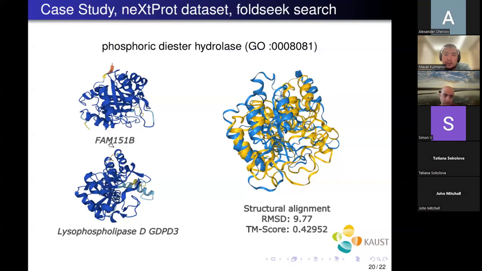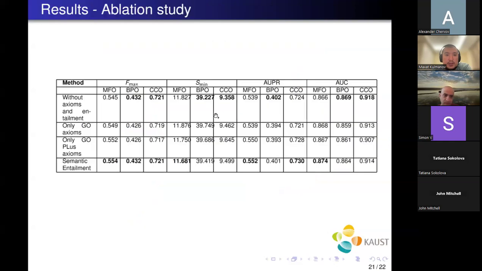They were also, I think, predicted based on some sequence similarity, but they are structurally similar to this protein. Okay, this was the one that had some experimental evidence for this protein. So that was just a case study.